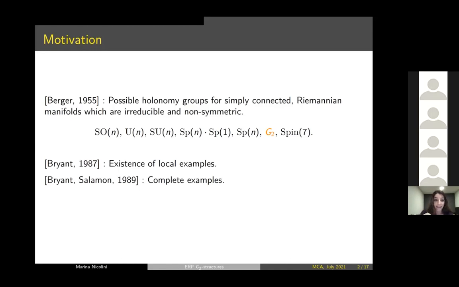In 1995, 40 years after Berger's classification, Joyce proved the existence of compact examples, but there were no known concrete compact examples. And that's how G2 structures appear. G2 structures appear as a tool to construct Riemannian manifolds with holonomy containing G2.